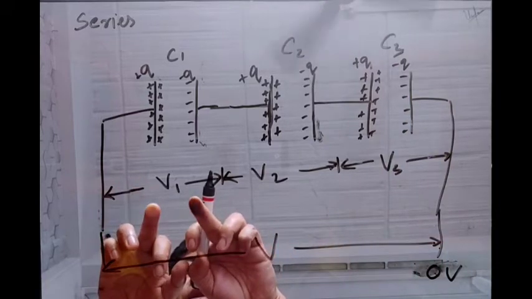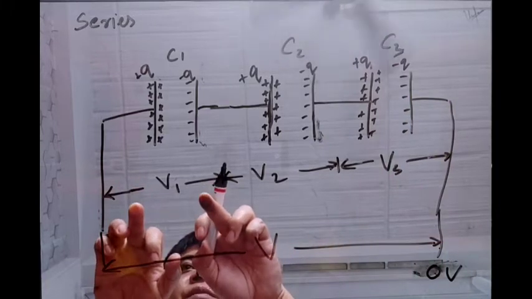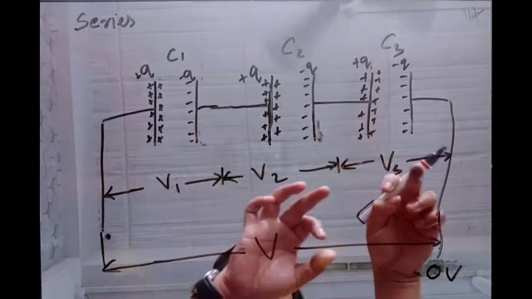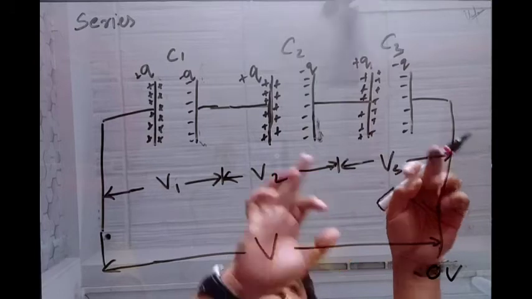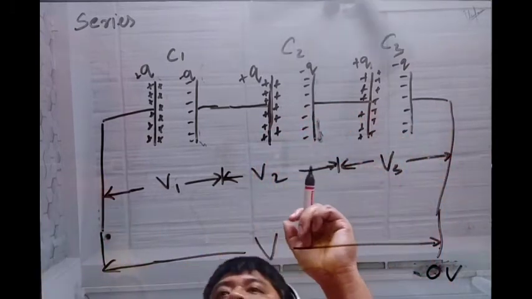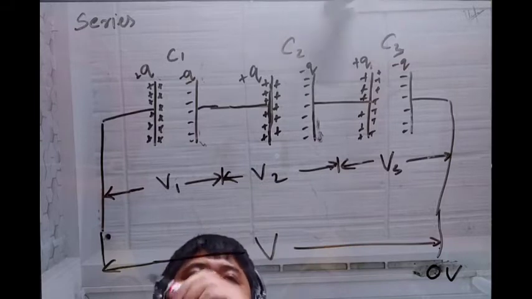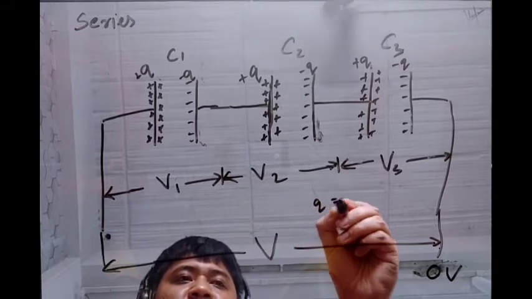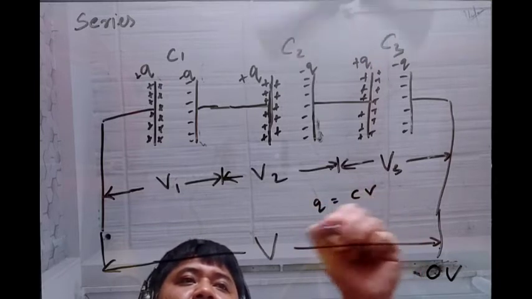V1 is the potential difference between these plates. V2 is the potential difference between these plates. V3 is the potential difference between these two plates. Okay, so we have Q equals CV.